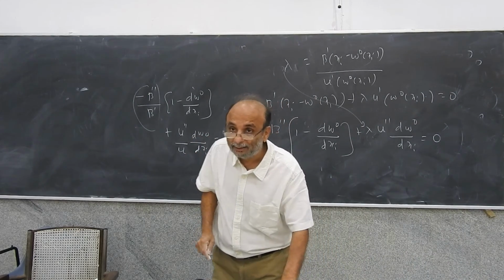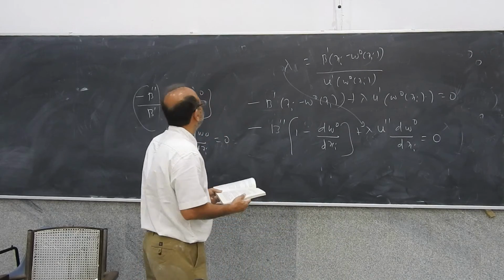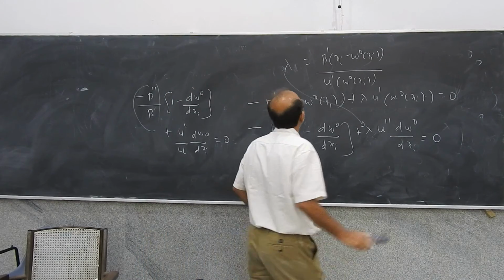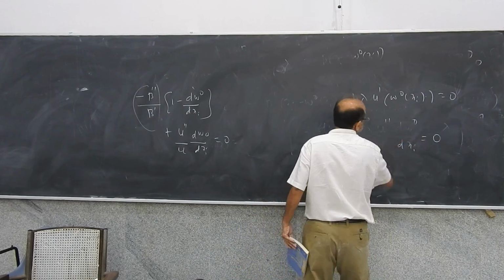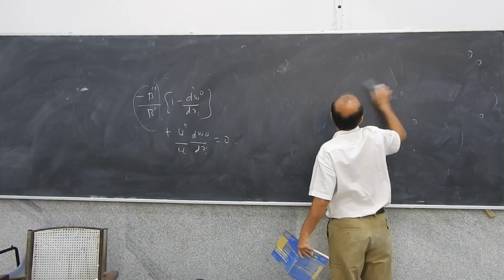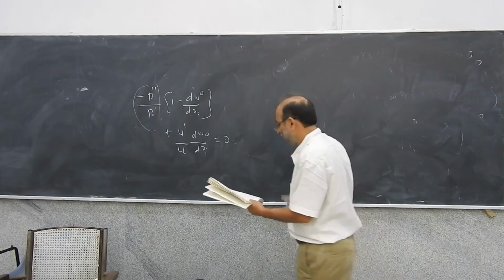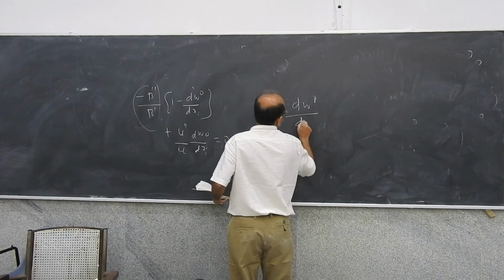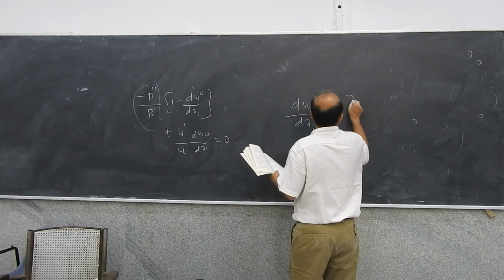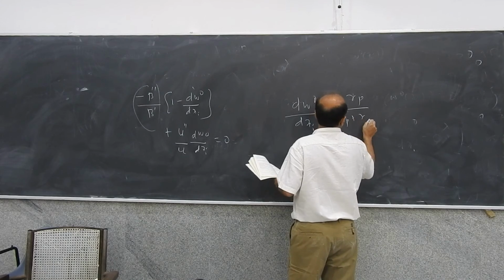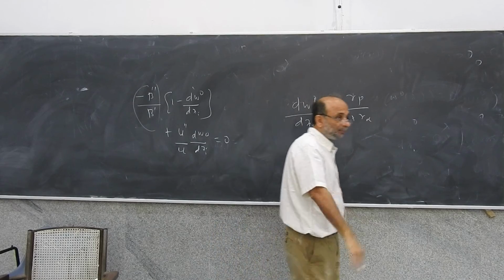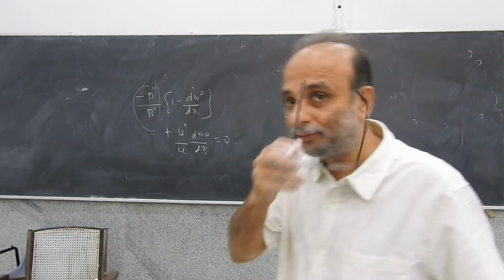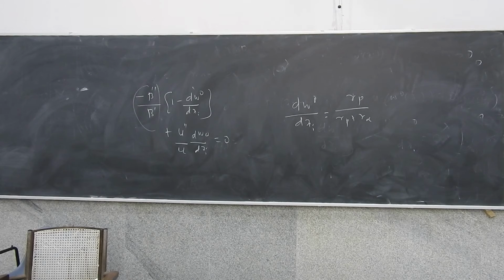So I can rewrite this and finally get an important equation, where RP is the measure of risk aversion of the principal, RA is the measure of risk aversion of the agent, and dW0 by dxi tells you how the wages change with respect to output.